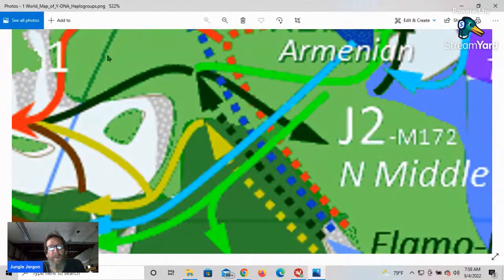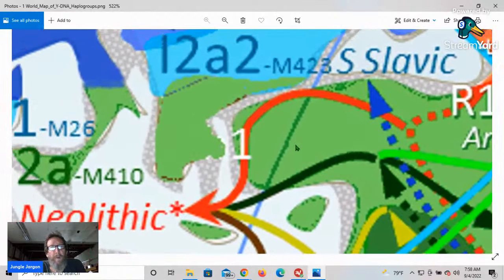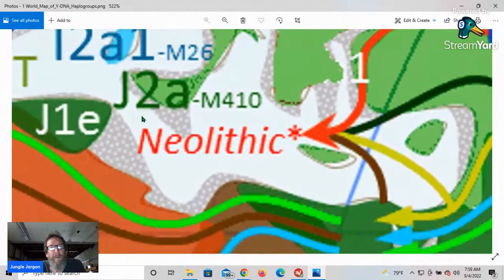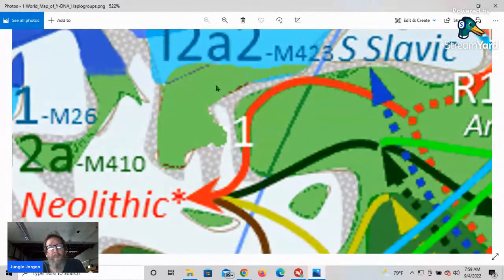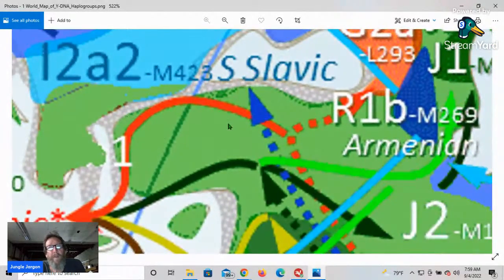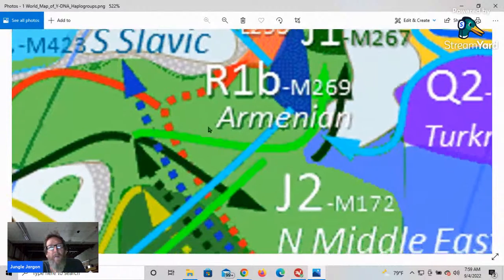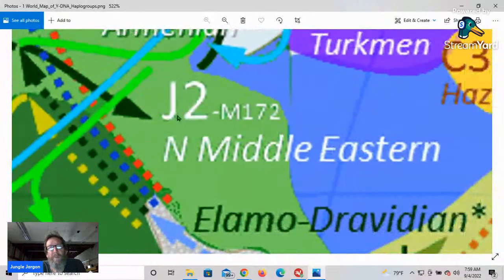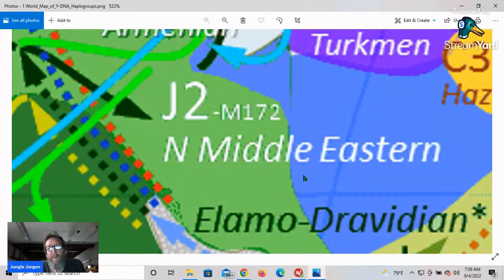So all this J2 in this area, all the way from Italy through Greece, through Anatolia, through the Levant area, all the way into Persia, this J2 is Middle Eastern Semitic, and it would be Judaic.